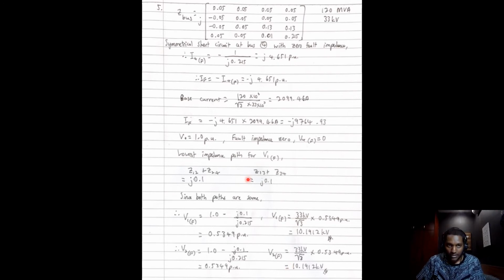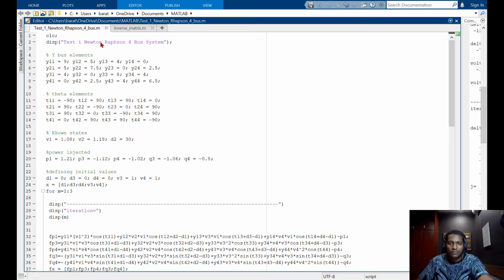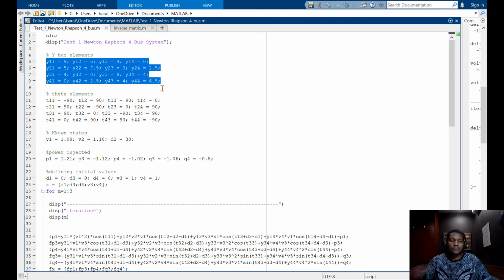So after this I'll be talking about how I got question 3 to prove the calculation is correct using MATLAB. For the MATLAB programming, we will be inputting all the admittance values.